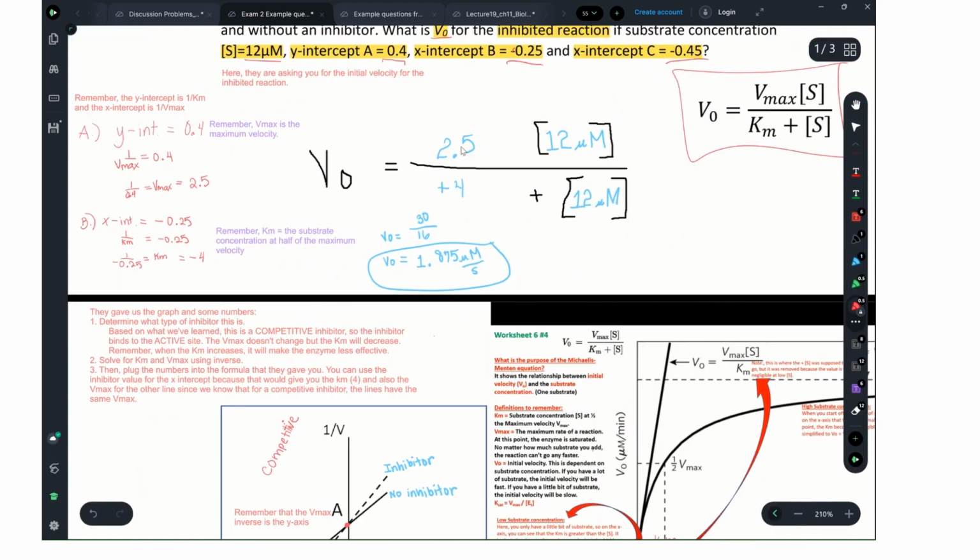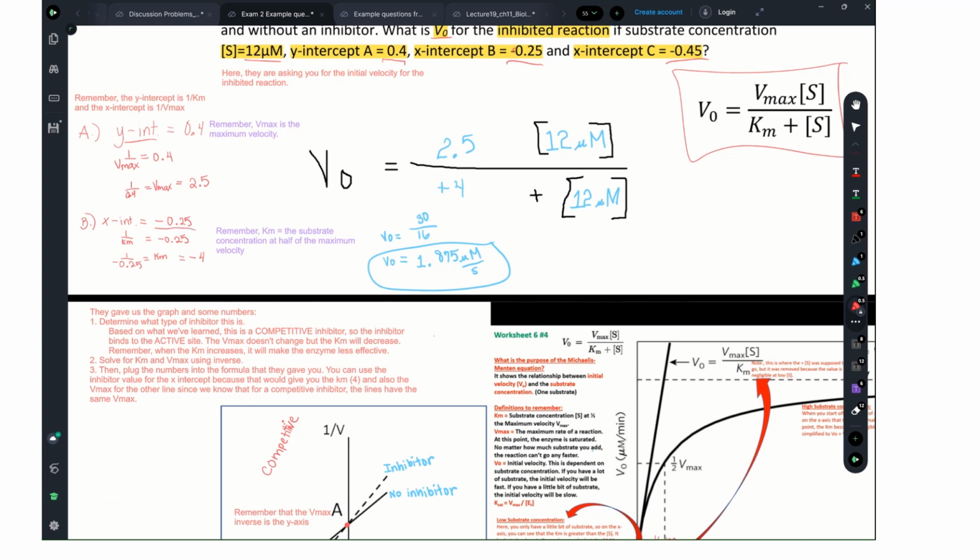Okay, so I went ahead and wrote down the numbers that they gave us. The y-intercept is equal to 0.4, and then the x-intercept was 0.25.